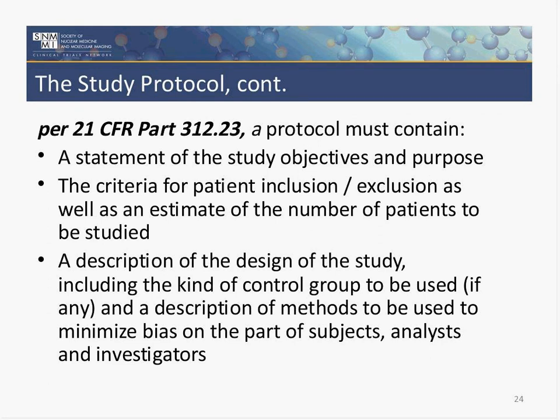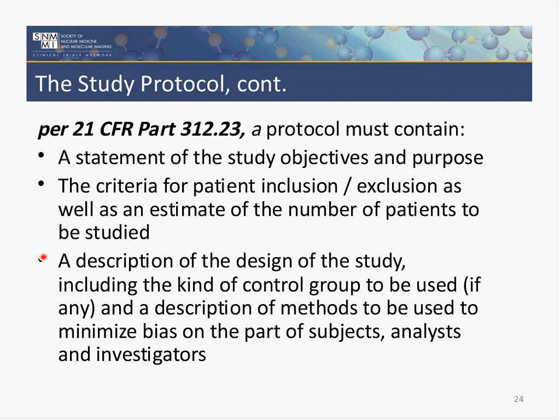Clinical protocol, per the federal regulations, must contain these things: the objectives and purpose, criteria for inclusion and exclusion, as well as an estimate of the number of patients to be studied, and a description of the design of the study, and that includes how you are going to ensure that investigators are not biased on the part of determining the success of the drug.